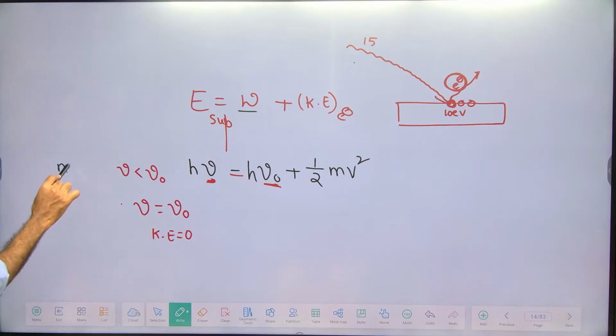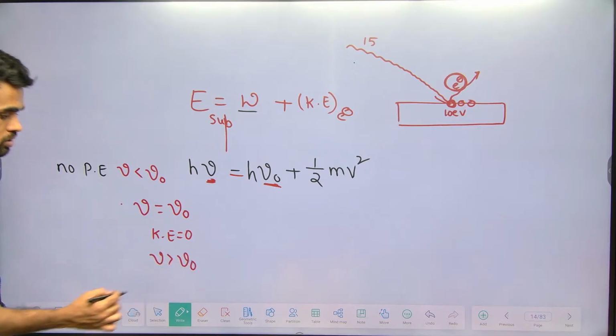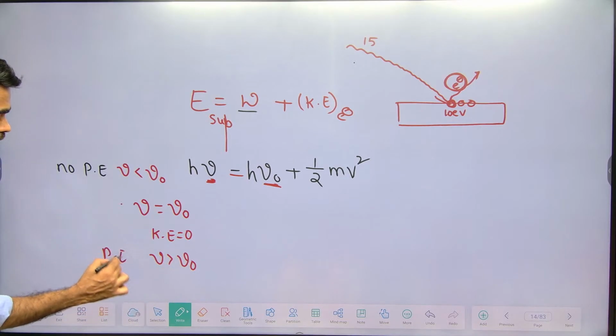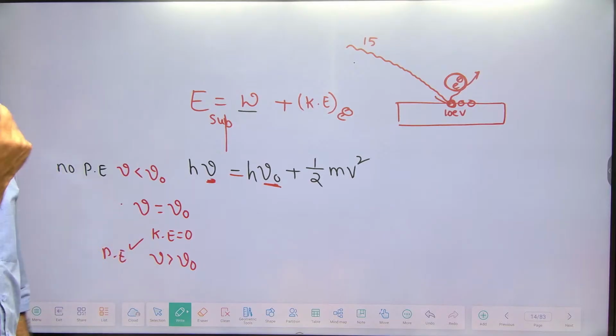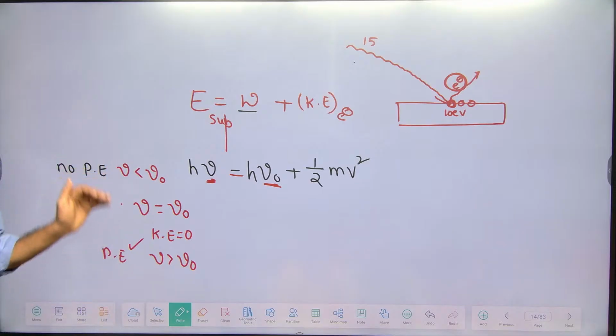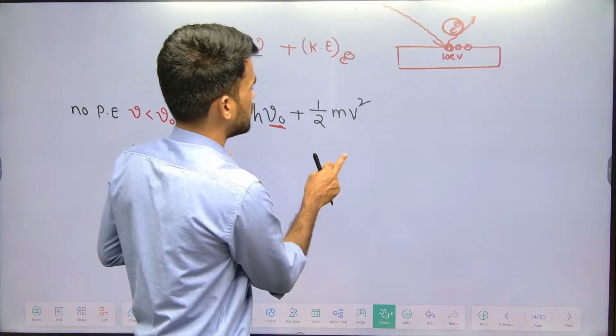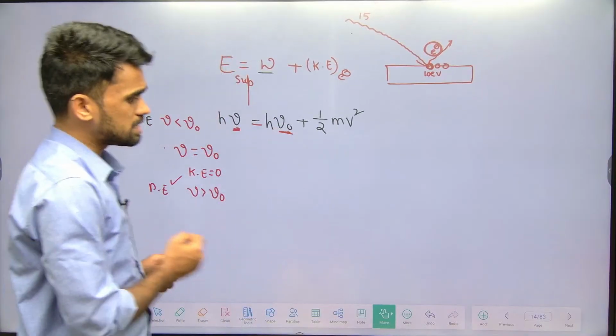So I can say no PE, no photoelectric effect. If nu is greater than nu naught, yes, photoelectric effect takes place, and there is some kinetic energy for the photoelectrons also. These are the three possible cases you can understand. Now next, let us see some questions.